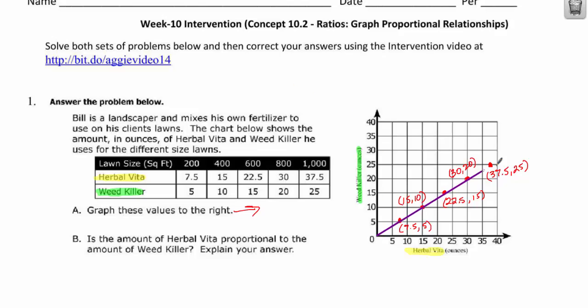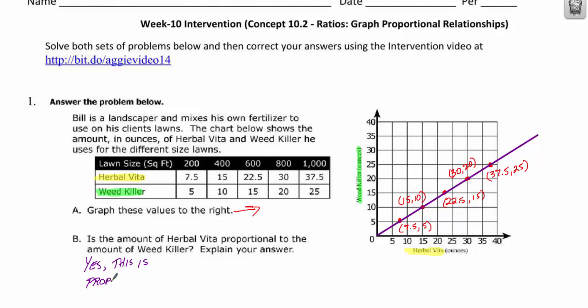If you can draw a line through 0, or from 0 all the way through the points, that shows that you have a relationship that is proportional. So yes, this is proportional. Now it asks us to explain.